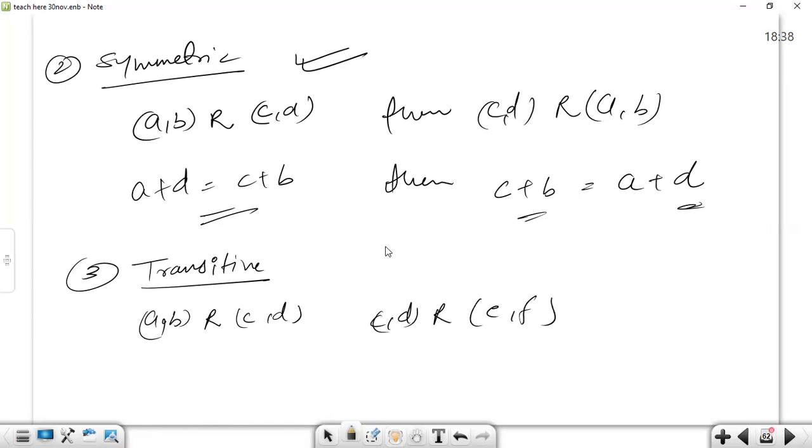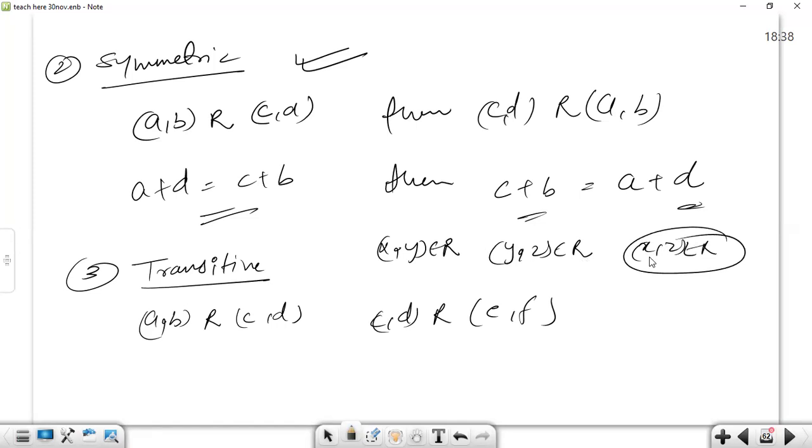That is given to us, because simply what we were saying is that if X is related to Y and Y is related to Z, then if X and Z are also related, we may say the given relation is transitive. Here, as we have an ordered pair as the single X, we have written AB. This says that A plus D is equal to B plus C, and this says that C plus F is equal to D plus E.